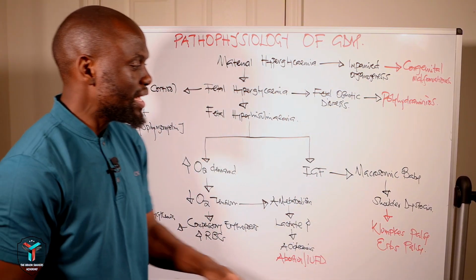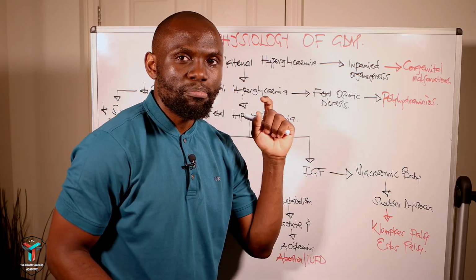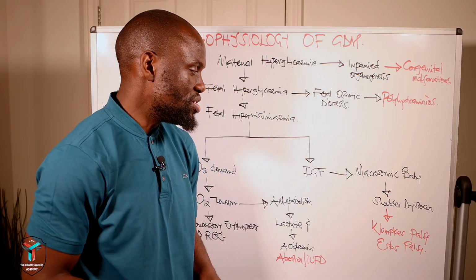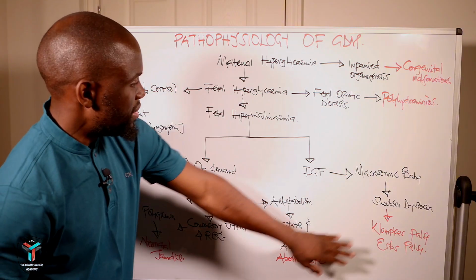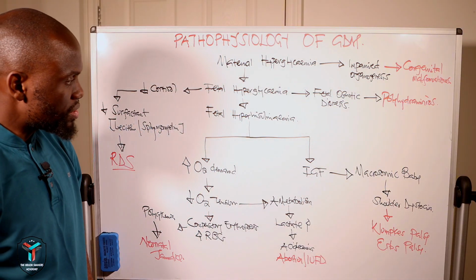Depending on which level of the brachial plexus has been injured, you may end up with a baby that has a palsy throughout their life.